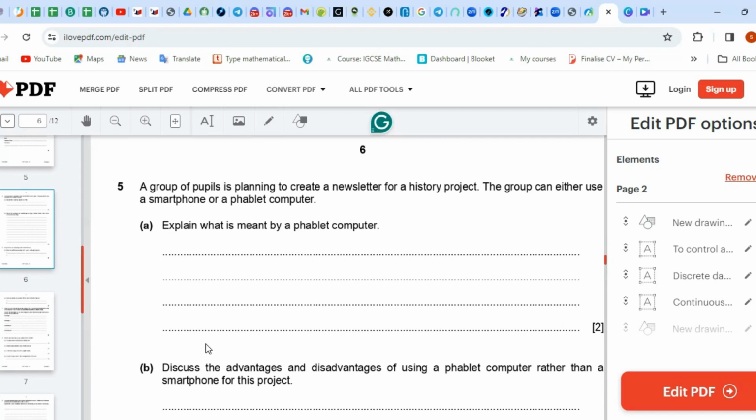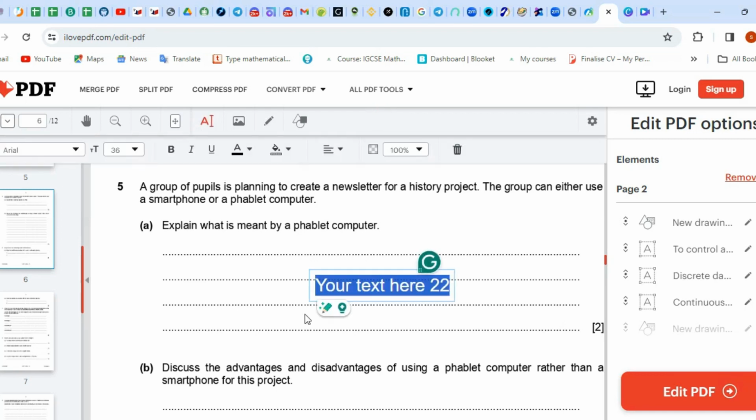Okay. Tablet computer. A tablet is a device that has the features or properties of a smartphone. That's what we call a tablet.